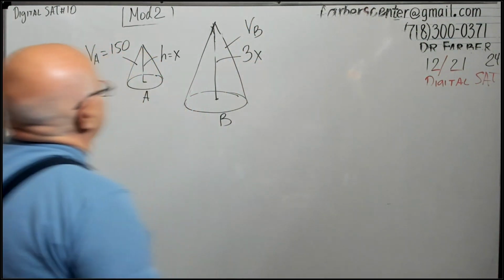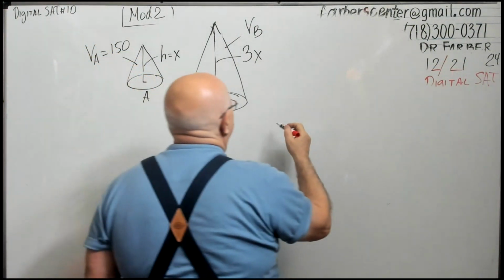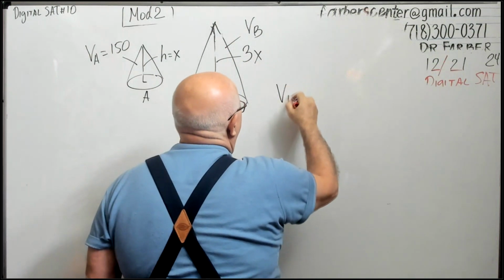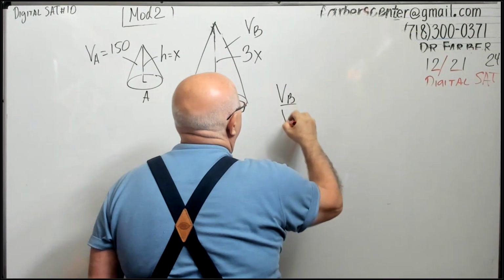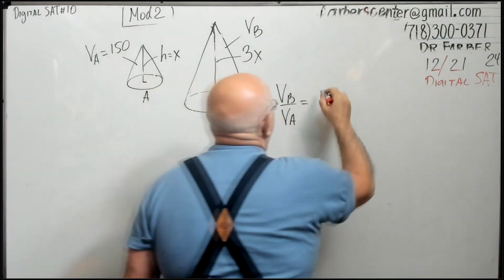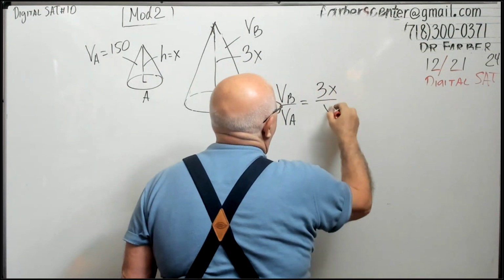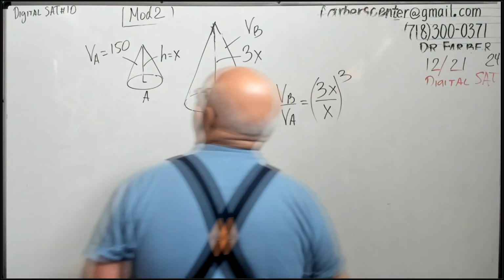We did this many times. If two solids are similar, then the ratio of their volumes equals the cube of the linear ratio.